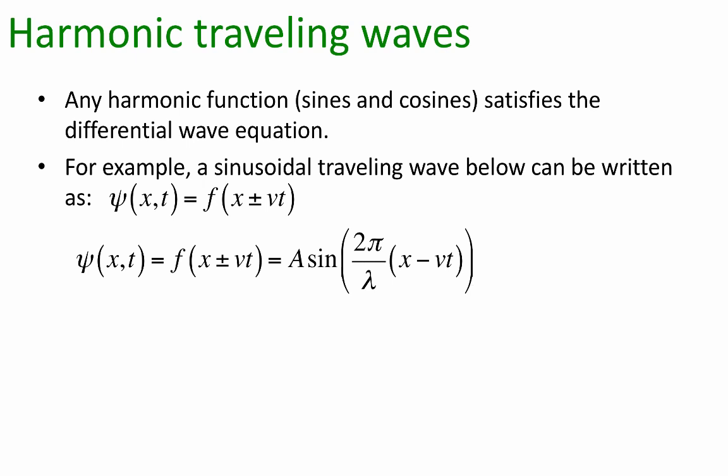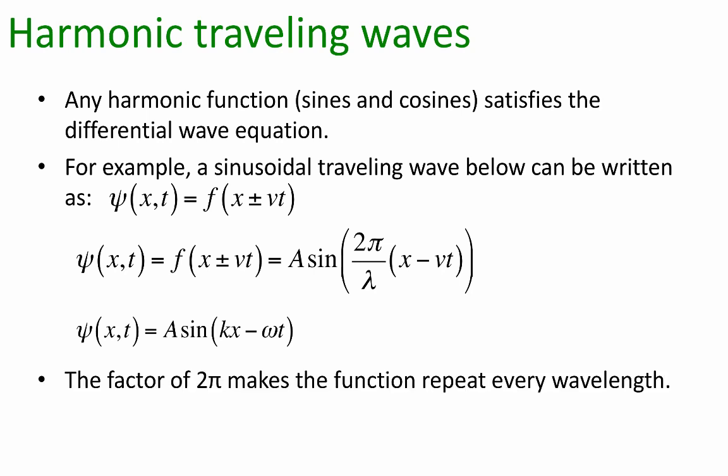Look, it's a function of x minus vt, and that is a sinusoidal traveling wave. We could also write this as psi of x and t is equal to a sine kx minus omega t. You'll see how these variables relate to each other in the next few slides.